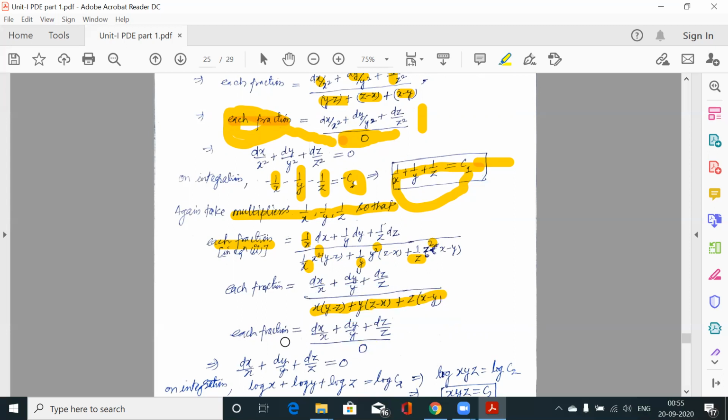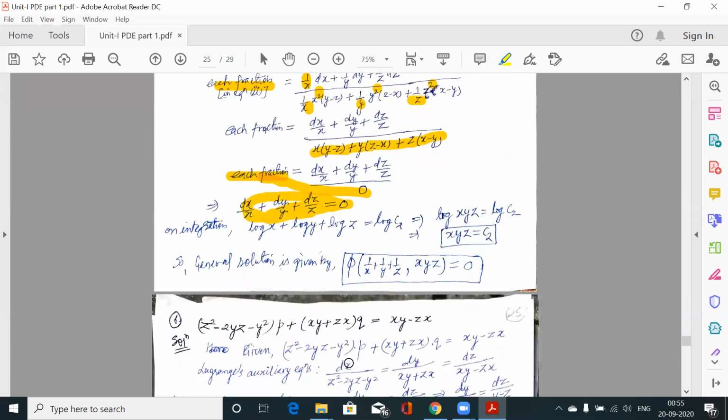So again, by making this fraction equal to any of the three fractions in the auxiliary equations, the 0 would multiply here. So dx over x plus dy over y plus dz over z is equal to 0.